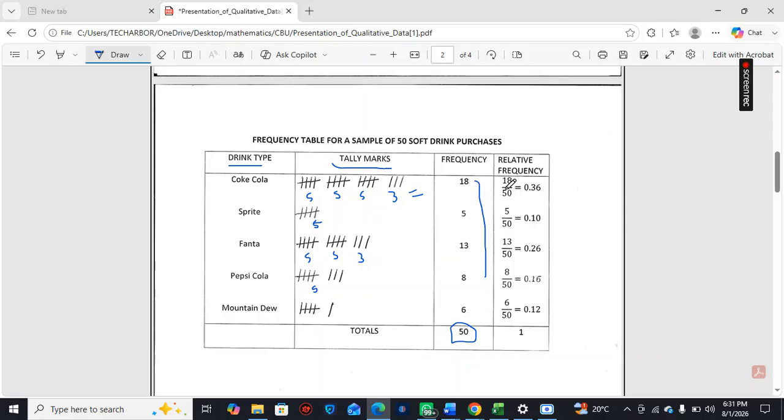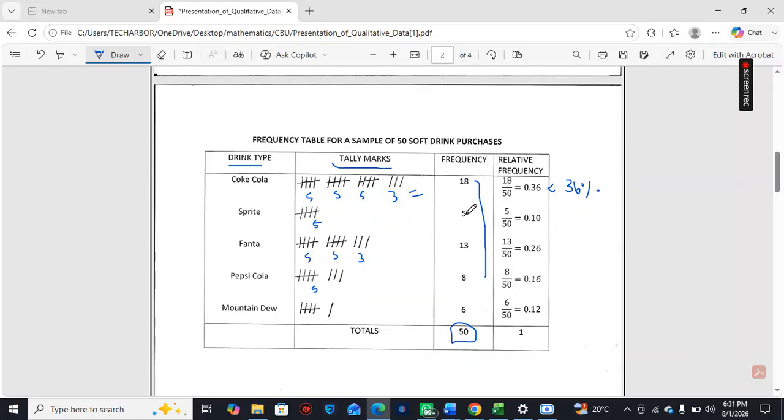So you say 18 over 50, that is 0.36, which can be represented as 36%. That is telling us 36% of these 50 purchases was Coca-Cola, and 36% of 50 is 18.